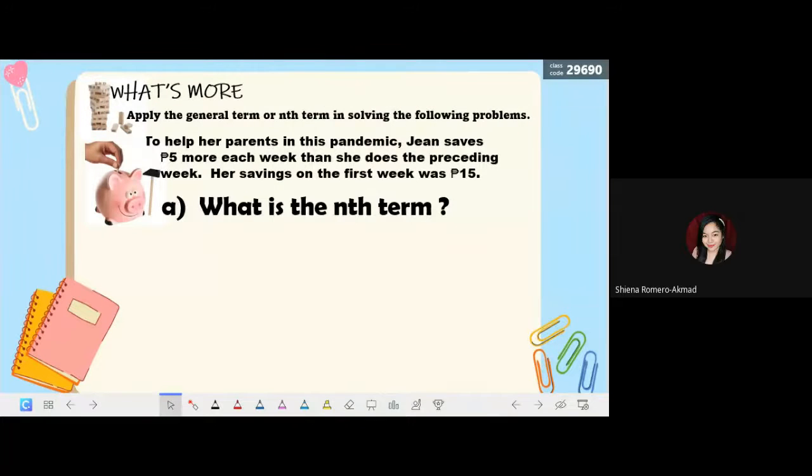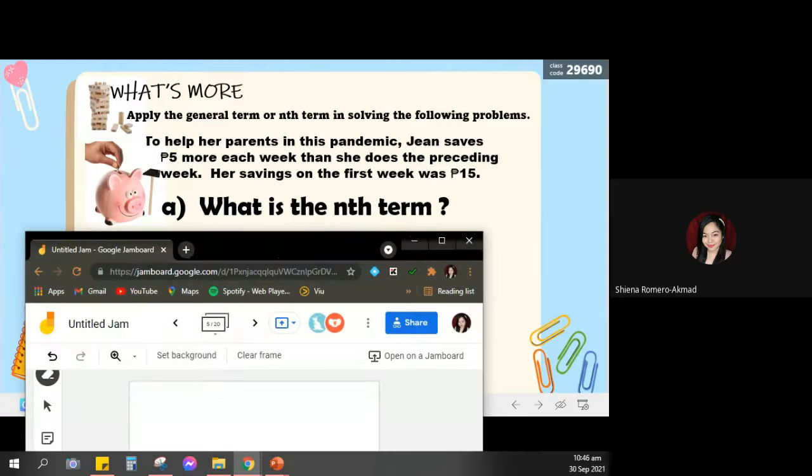Pag binilang? Ano yung sinasabi mo? Nasa na yung nagsasagot sa frame number 5. Pakisolve na po yung nth term. Ginawa na natin yung kanina.